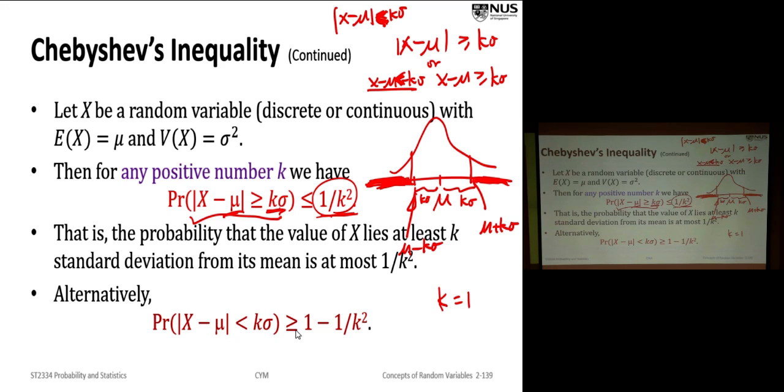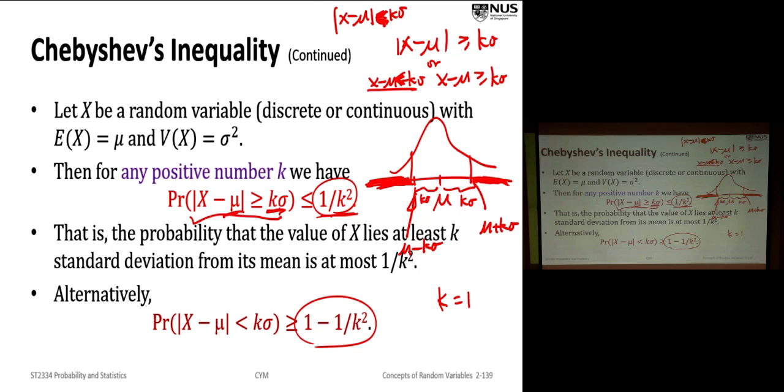Within one standard deviation, the probability must be greater or equal to 1 minus 1 over 1, which is 0. The whole thing is 0. Anything wrong? Nothing wrong. It simply means that it's useless when k equals 1.